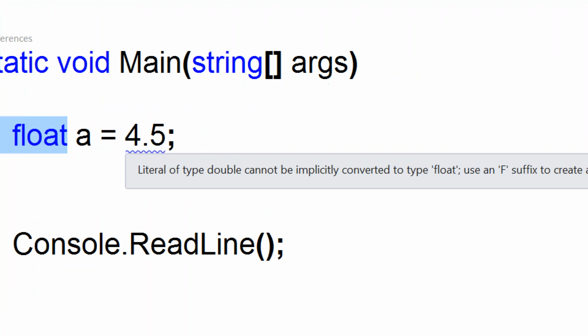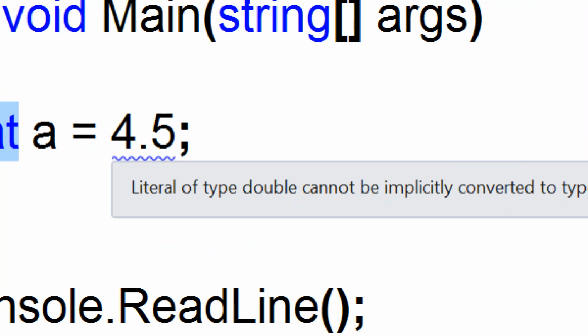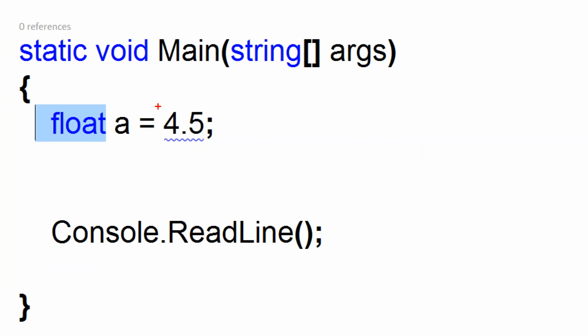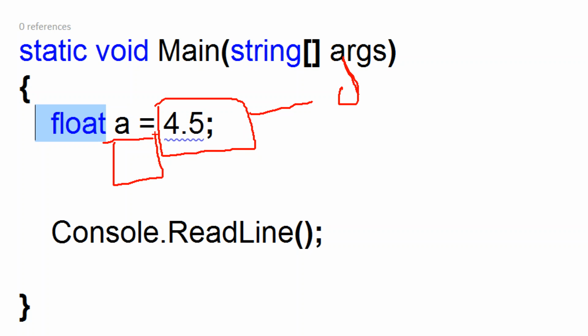Value type is what you know, double. Because by default in C#.NET, a floating data type is treated by the compiler as double. But the double value you are assigning into a float variable, so it is a mismatch.